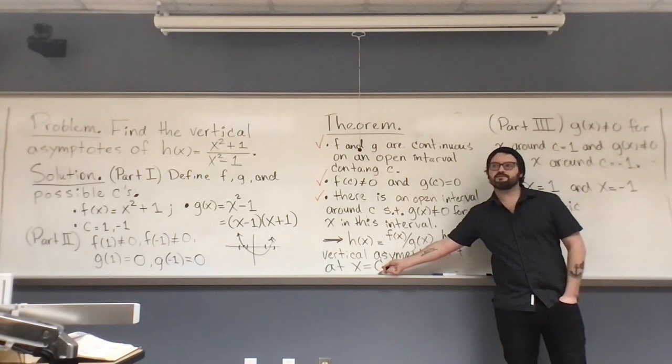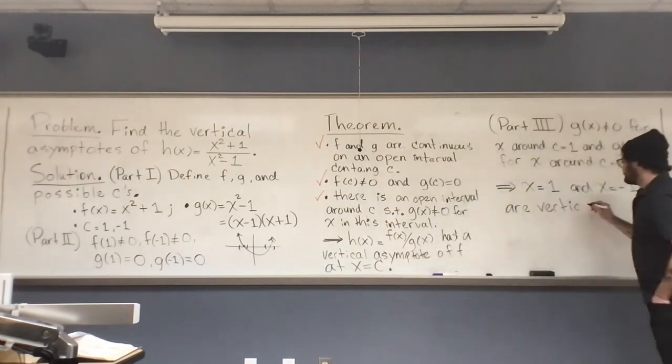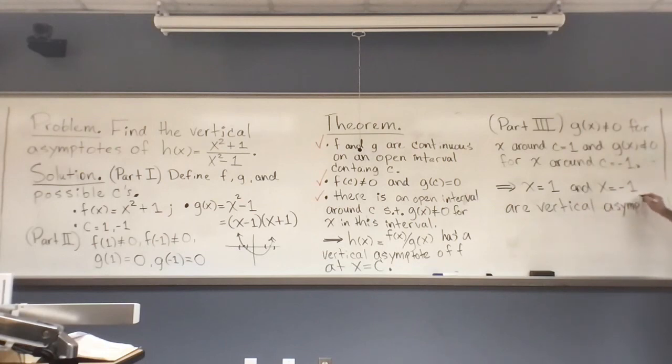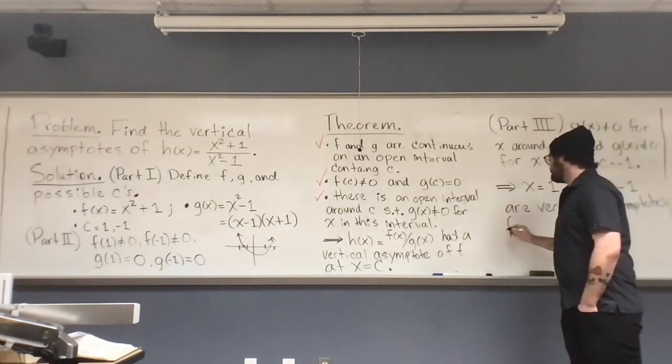X equals C right there, which is 1 and -1. Yeah, X equals 1 and X equals -1, because that's drawing a line like that. Yeah, put it like for a problem one, like the homework. Yeah, quiz. Okay. And that's it.